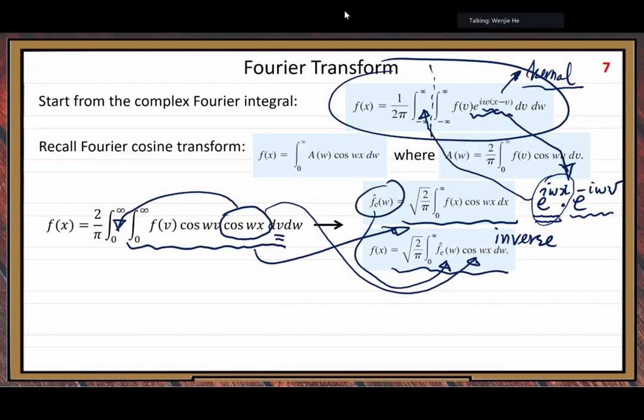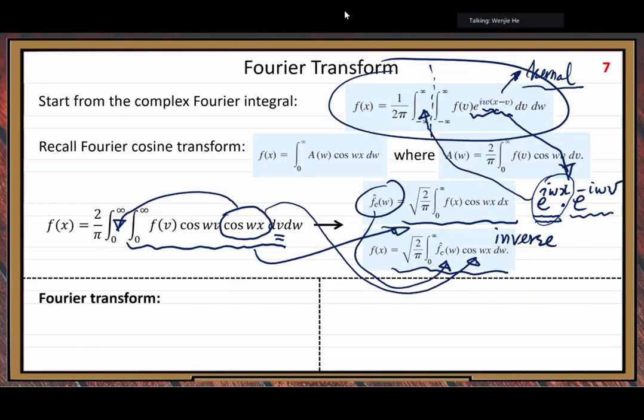So let's write this understanding clearly. We have two transform formulas. The first, the Fourier transform formula, comes from the inner integral part: F hat of w.